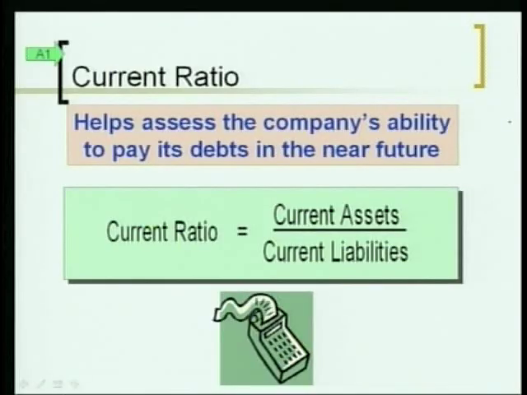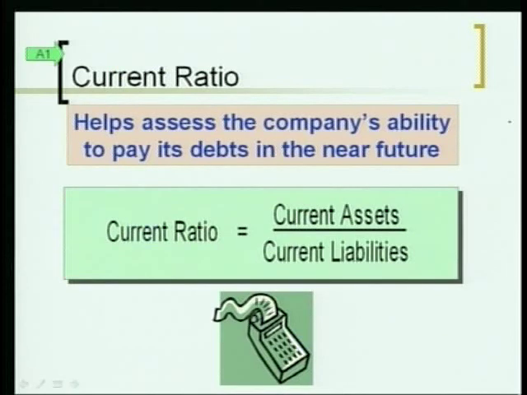Okay, let's hop over to what the current ratio is. Okay, the current ratio is an important ratio. Now, some of these ratios that we go over at the end of the chapter, I don't test you on.